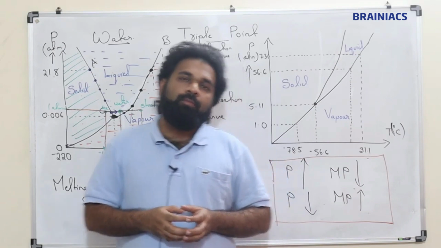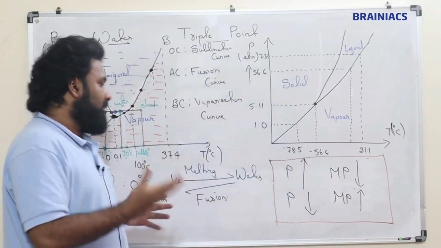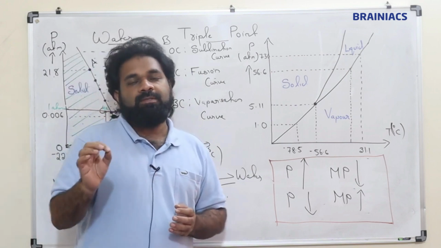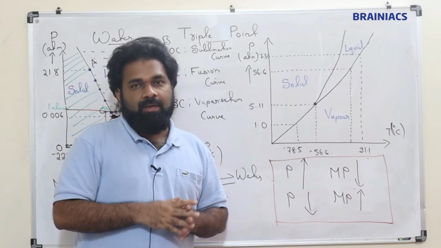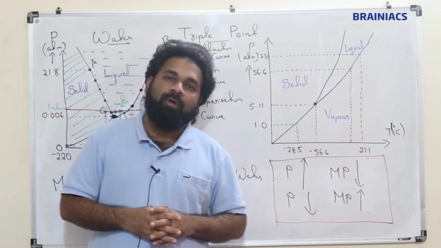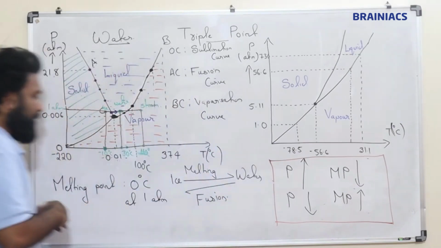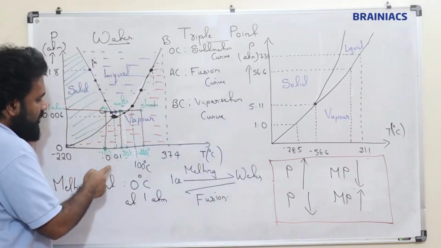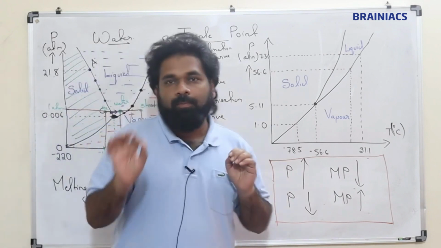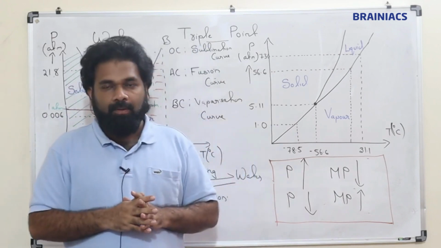So instead of considering 0 degrees Celsius as the melting or fusion point of water, there is a practice of choosing this triple point, 0.01.